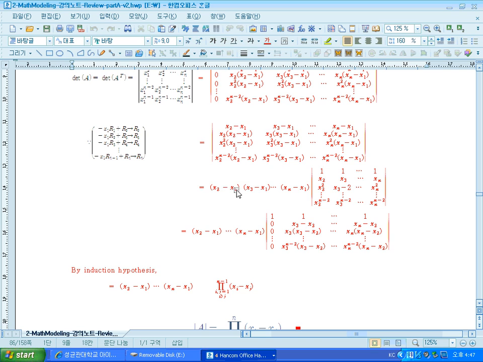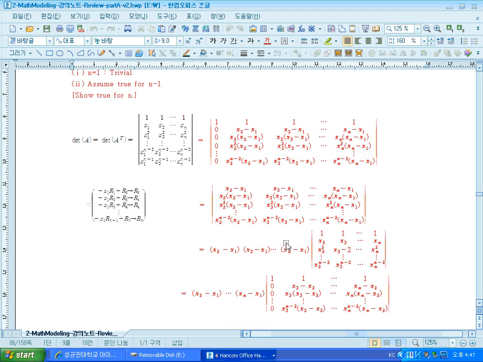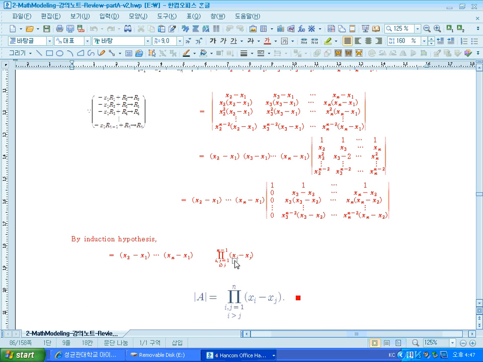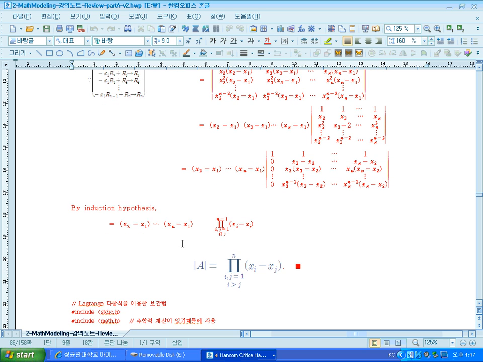So we can factor all these out. Then we have x2 minus x1, x3 minus x1, and xn minus x1, times the determinant of this smaller size matrix. But we assumed by the mathematical induction that the determinant of this matrix is given as this. So we can write these terms all together in this way.